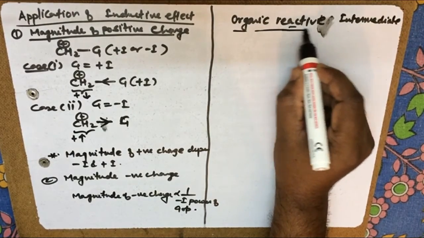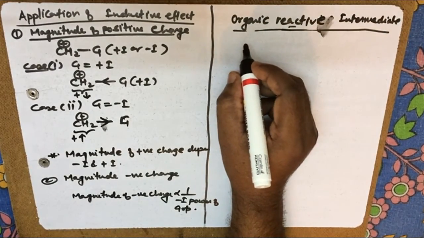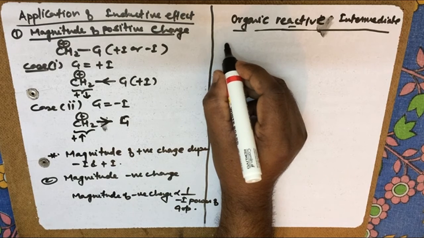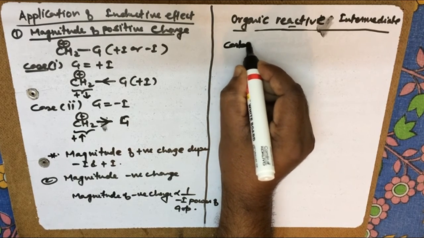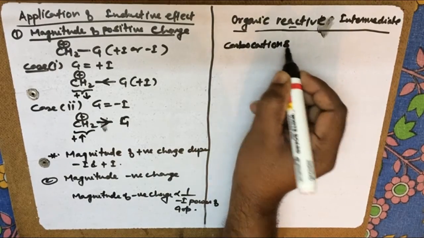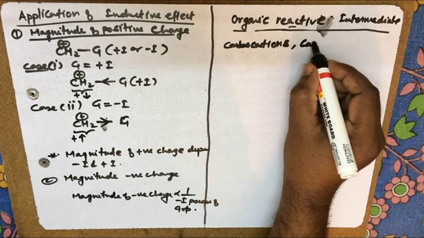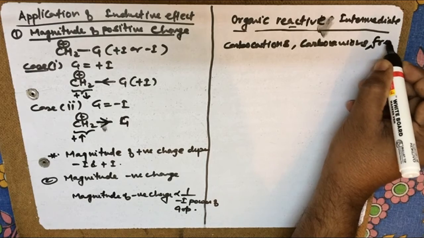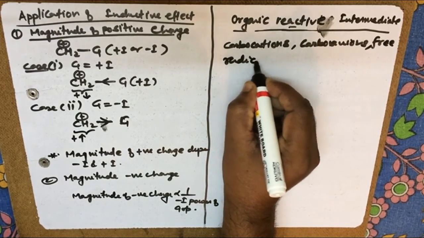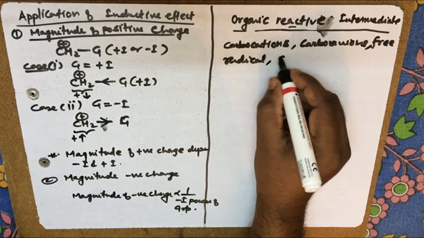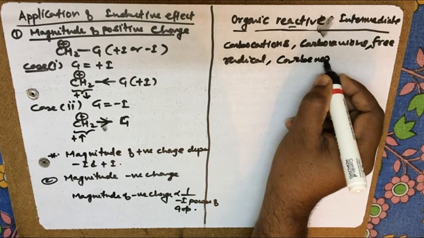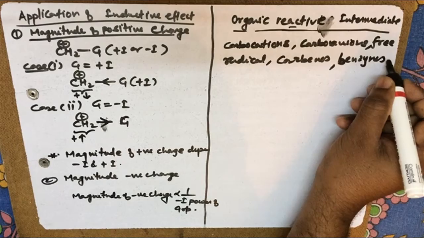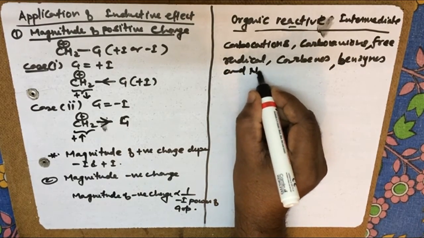Inside this I will discuss generation, stability and reactivity of carbocation, carbanion, free radical, carbene, benzyne and lastly nitrene.